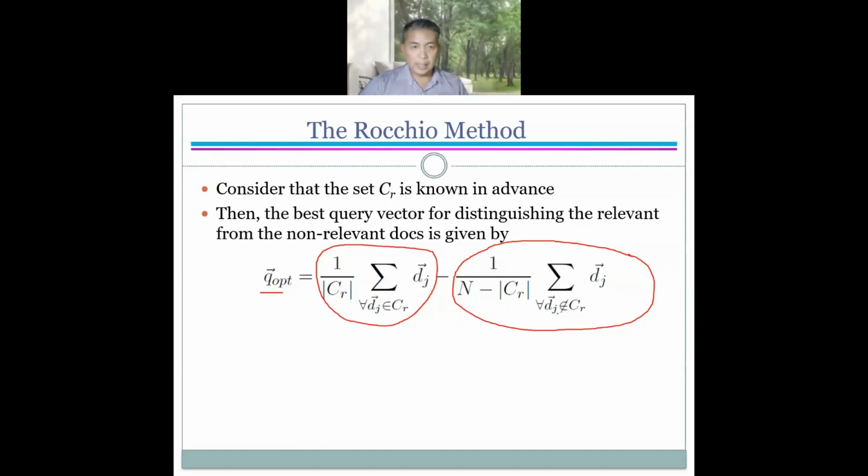So basically, we are looking here at all documents that belong to the relevant documents, but over here you subtract all the documents which do not belong to the relevant documents. So this is your relevant documents, this is your non-relevant documents. Okay?